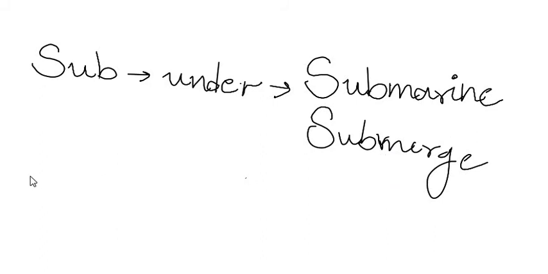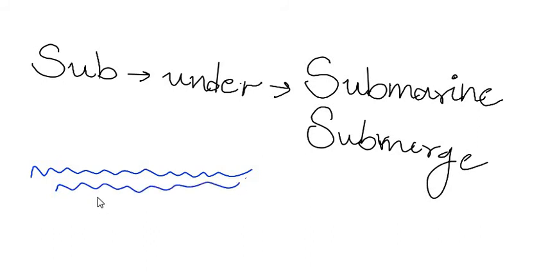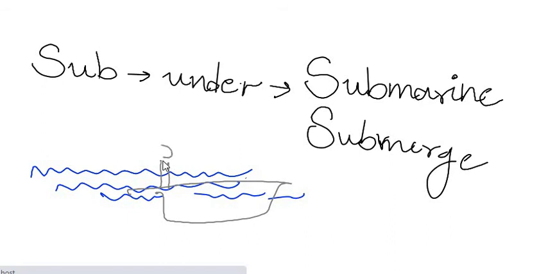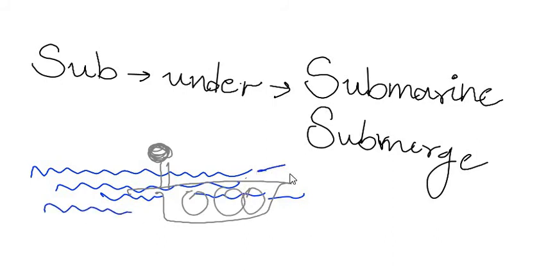For instance, this is water, and you know that the submarines are under it. These are huge submarines, with a little part of it above like this. People are there under it, right? You must have seen the submarines a lot in the oceans, right?